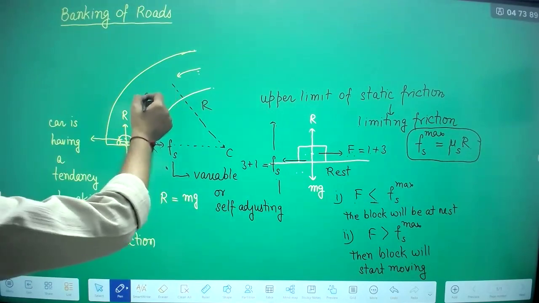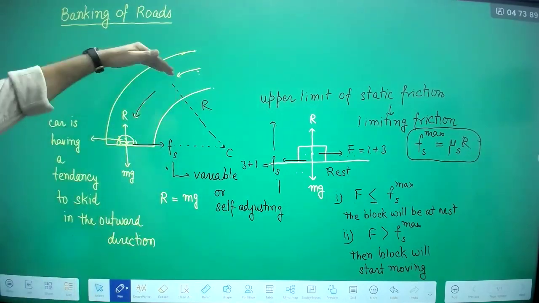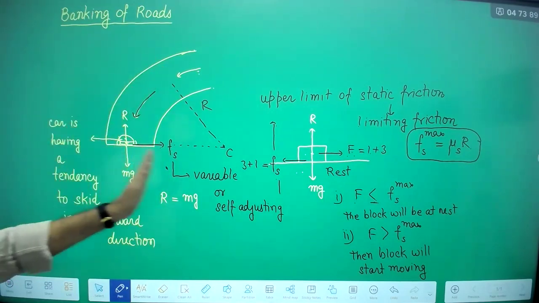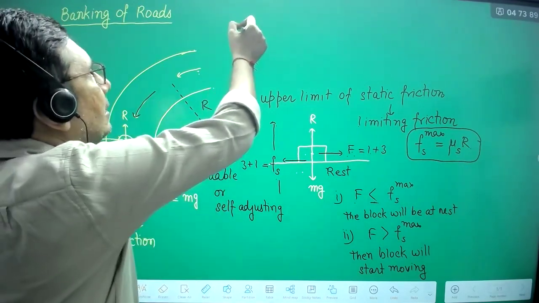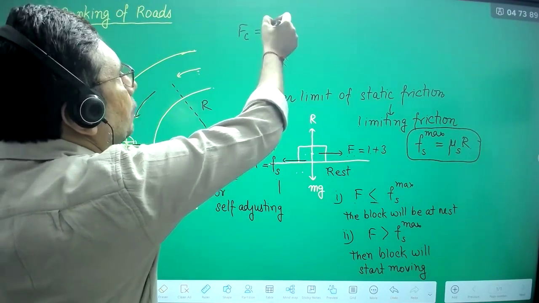Basically this car is undergoing circular motion, following some type of circular path. So it needs a centripetal force. And how much centripetal force will be there?